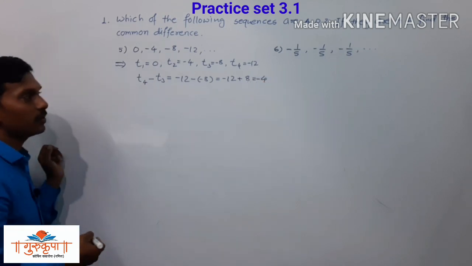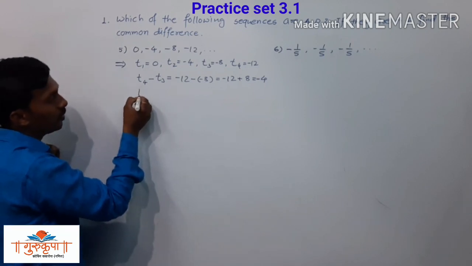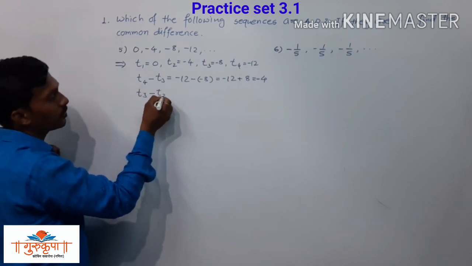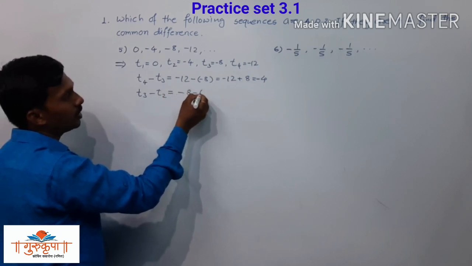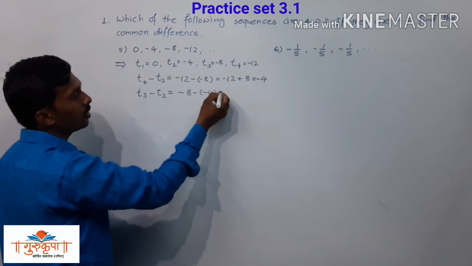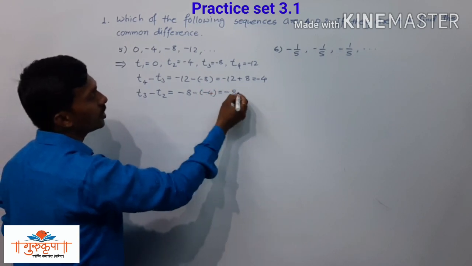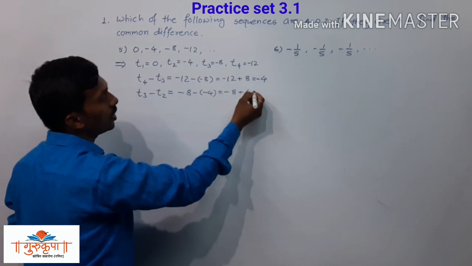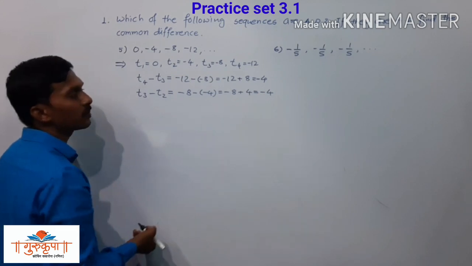The common difference between the fourth and third term is minus 4. Now we have to find T3 minus T2. T3 is minus 8 minus T2, which is minus 4. Simplifying, minus 8 remains as it is, minus into minus is plus 4, and minus 8 plus 4 is minus 4 again.